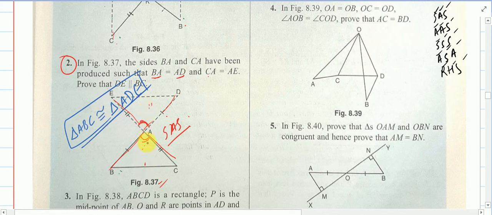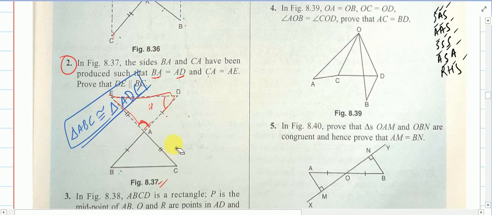Since they are congruent, their corresponding parts will be equal, so BC will be equal to ED.